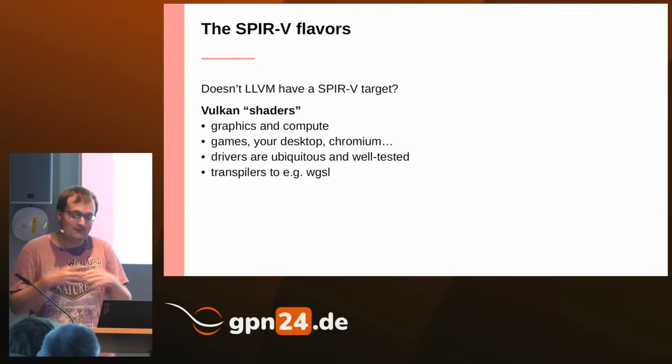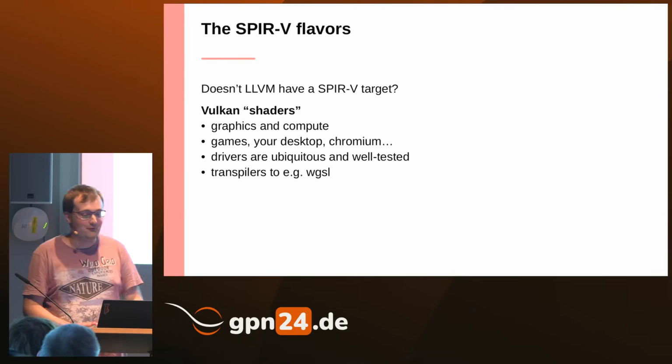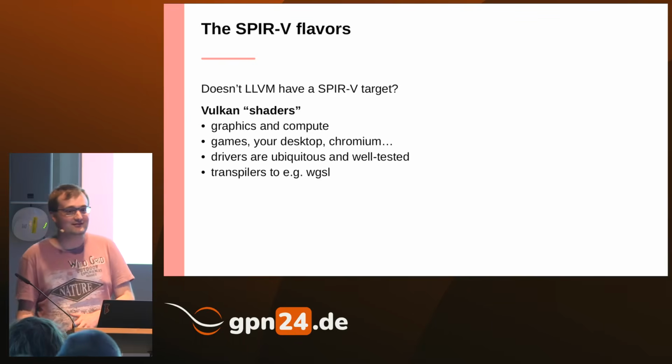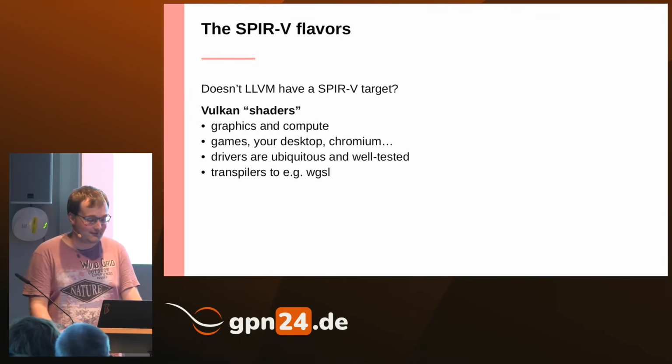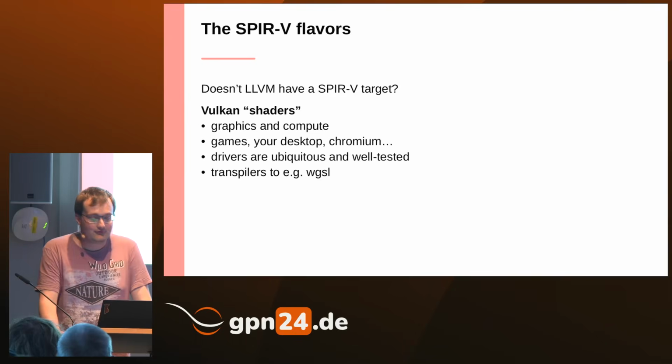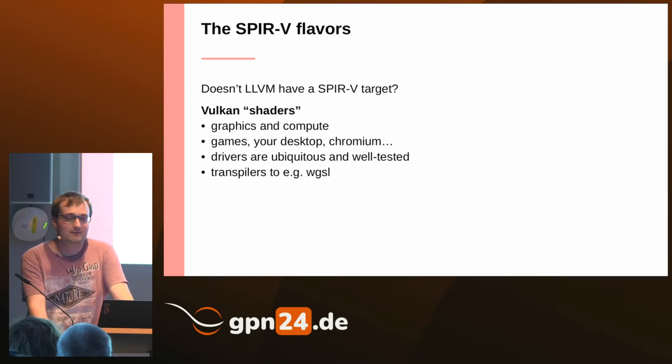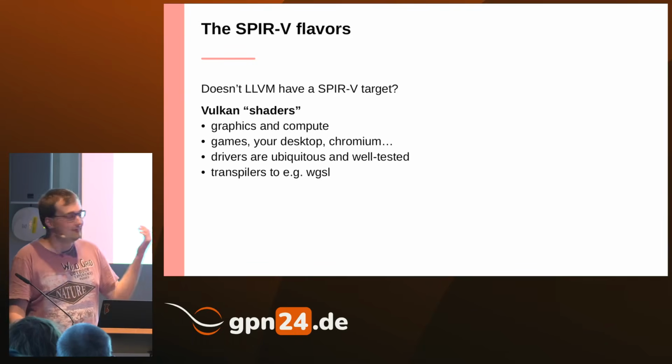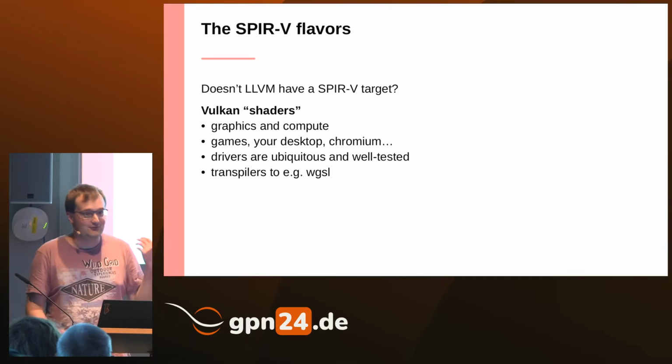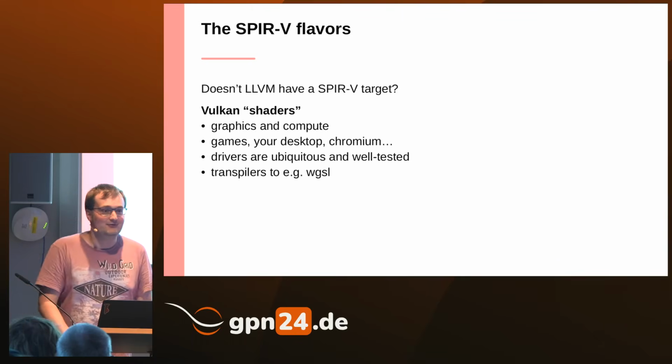Literally everything you use on your desktop is somehow involved in Vulkan, or at least OpenGL, which is not far away from that. So it also means pretty much every single device has a driver. It's ubiquitous everywhere, and it's well tested. And you can also do fun stuff like transpiling to WGSL if you really need to target the web, because we love standards.